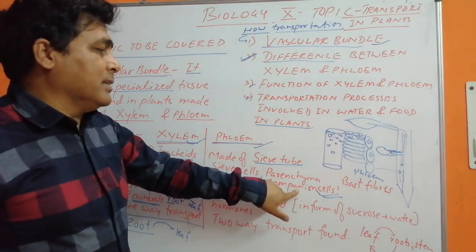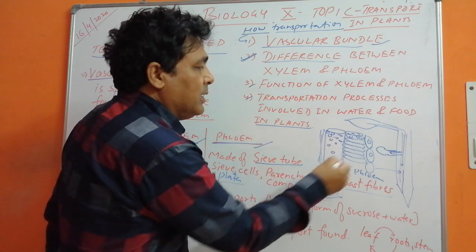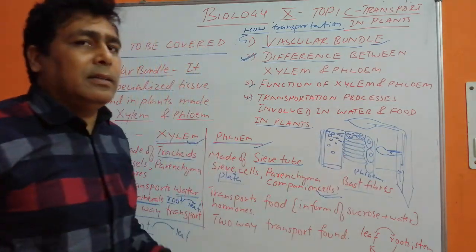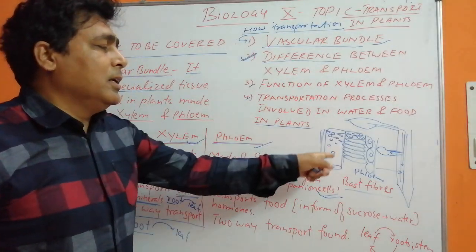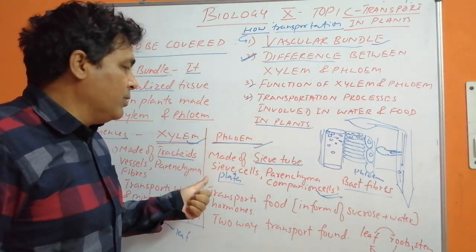So their function is like that. Then there are bast fibers. These are the fibers which are found in the phloem. Again, these are the dead parts. Most of the parts of the phloem are actually live.